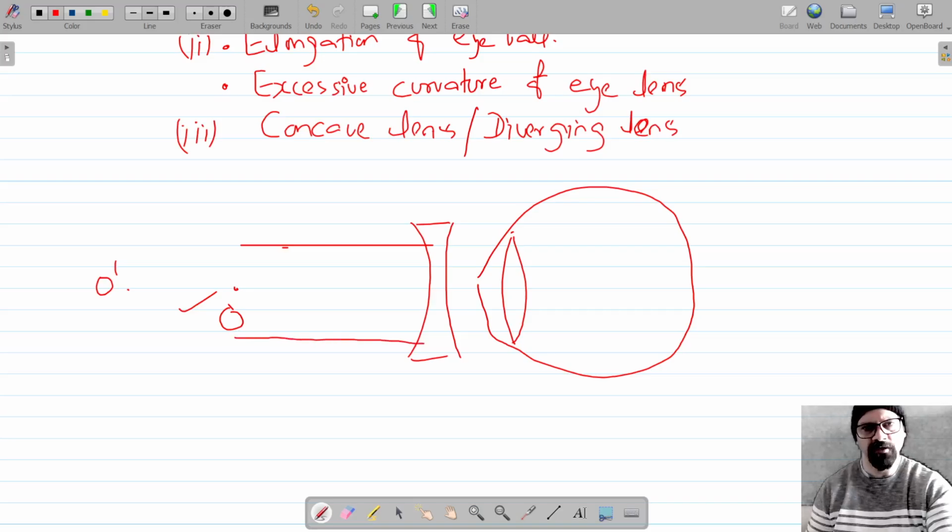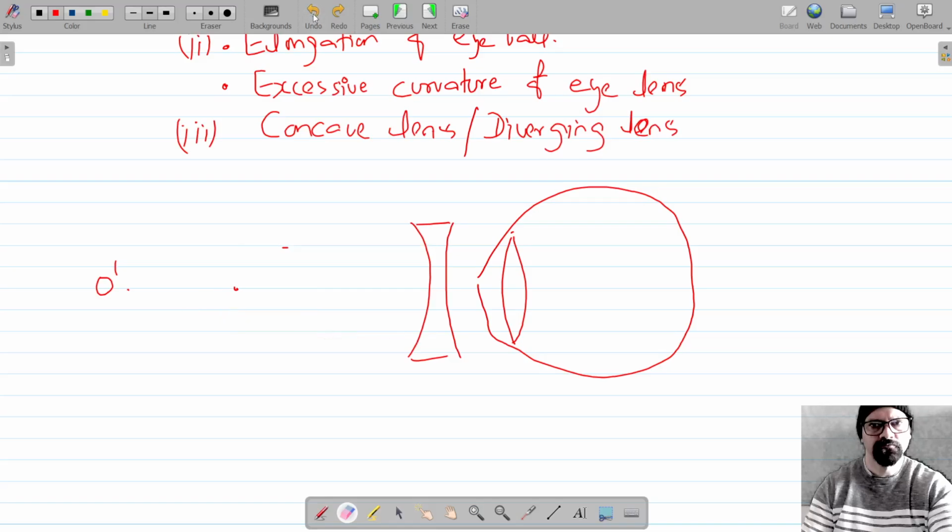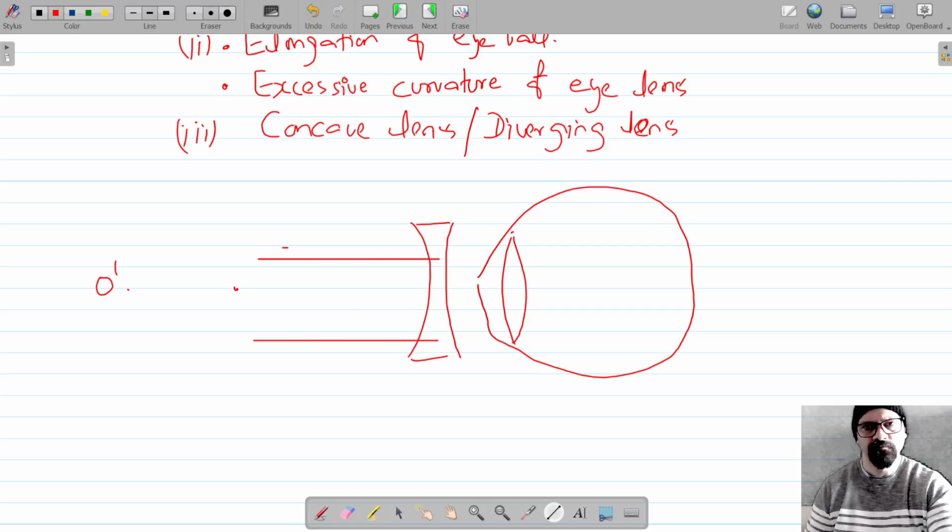The rays that were meeting in front of the retina are diverged and focused on the retina, so the image is formed exactly on the retina.